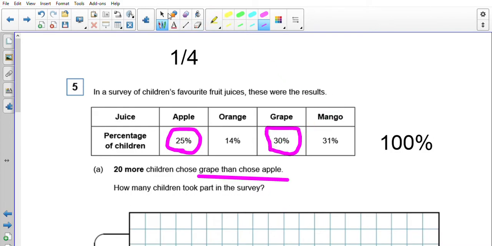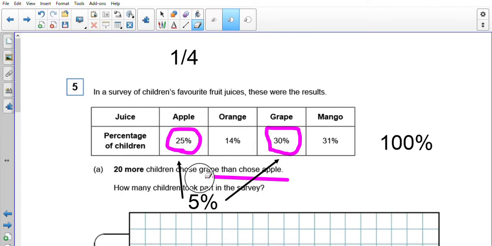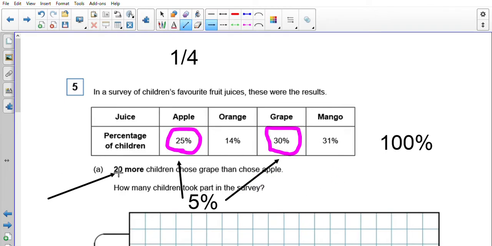So interestingly, what do I spot from that? Well, I notice that the difference in those is 20 children, but I also know that the difference in those is 5%. Okay, if the difference between apple and grape is 5%, that means that the 5% is equivalent to the difference in the number of children between them, which we're also told here.